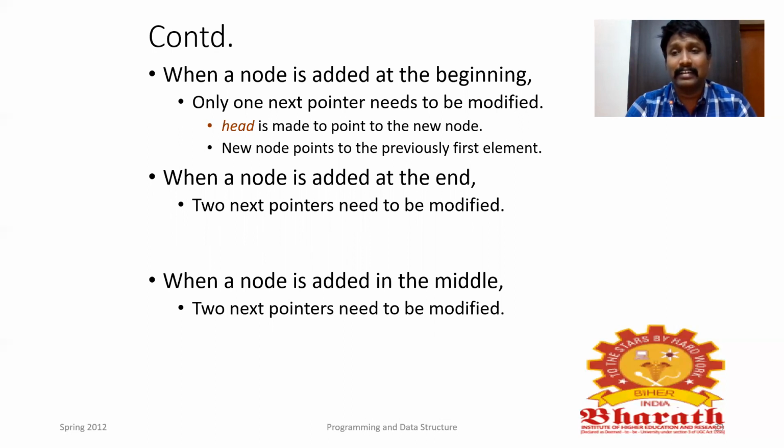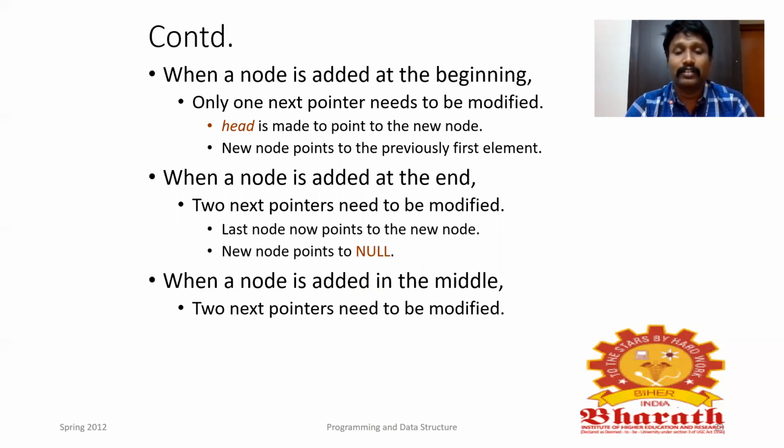Here, since it is added at the last part of the list, two next pointers have to be modified. The last node now points to the new node, and the new node points to null. So that is about adding an element at the end of the list.